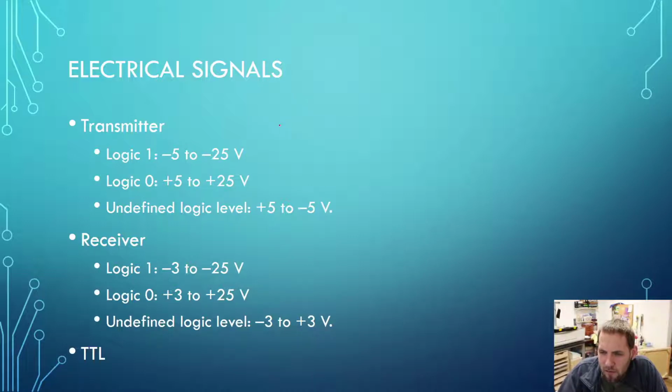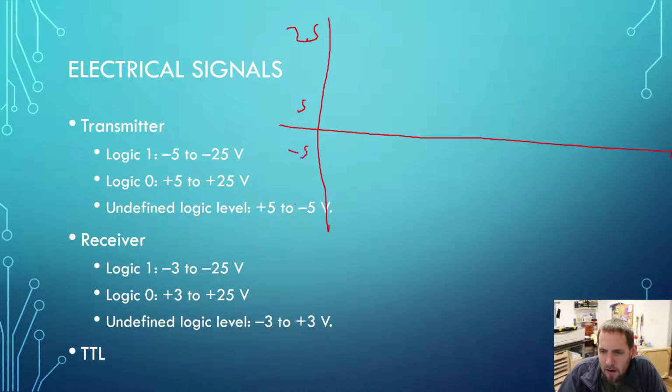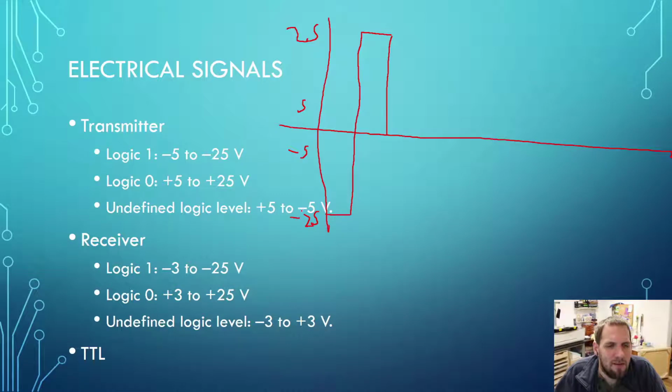So if we have our graph here, we have 25 volts up here, I'm going to call 5 there, -5 and -25. All the way down here would be a 1, and we would have to come all the way up there for a 0. All right, and then anything in between +5 and -5 is undefined.